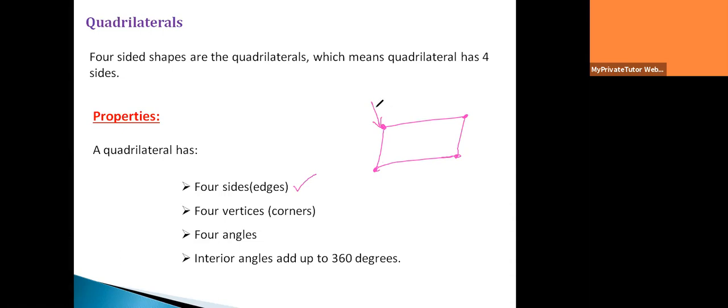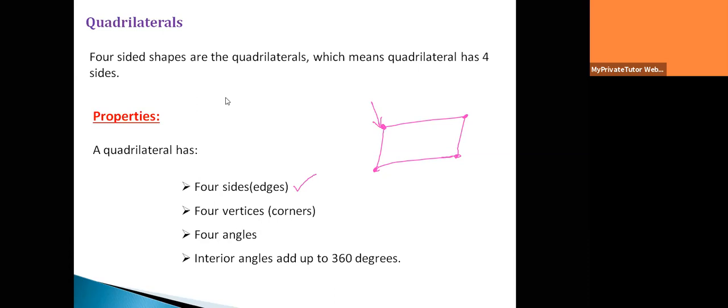The interior angles add up to 360, and the exterior angles also add up to 360. Each angle differs based on the type of quadrilateral.